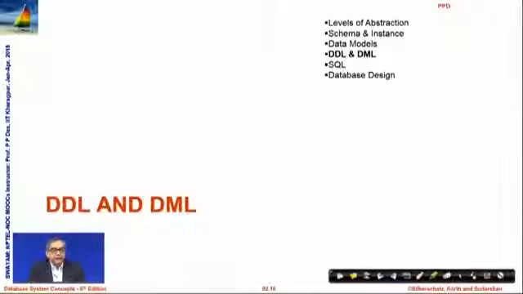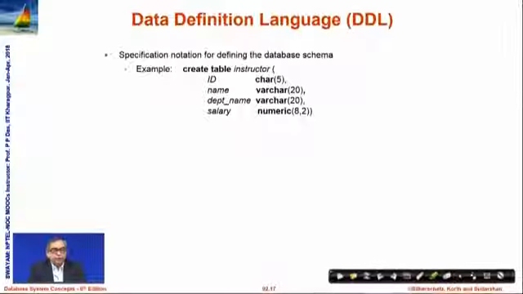Let me introduce these two terms, DDL and DML. DDL stands for data definition language. Conceptually, we have a schema and we have an instance. So, we need certain language constructs to be able to define a schema and certain other language constructs to be able to manipulate the data in that schema, or basically manipulate the instances.